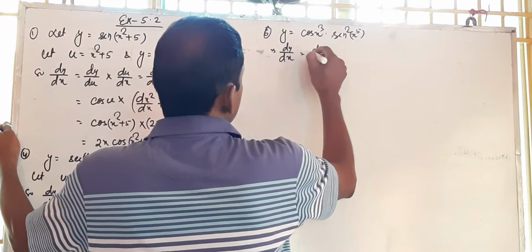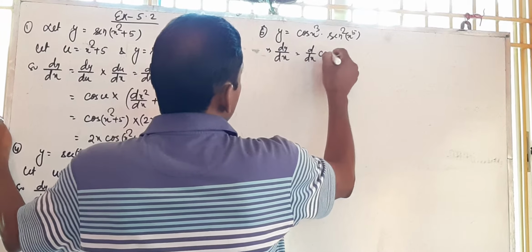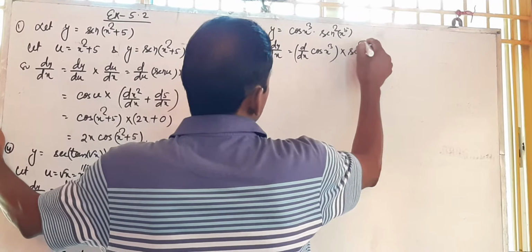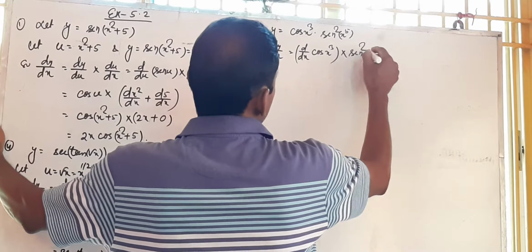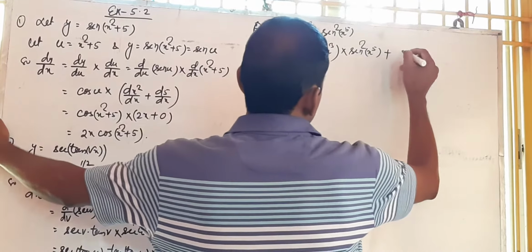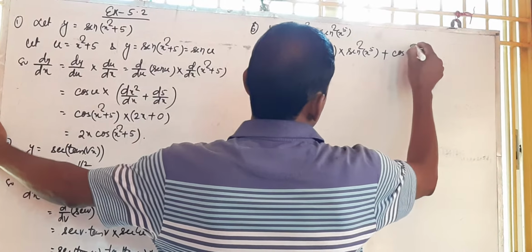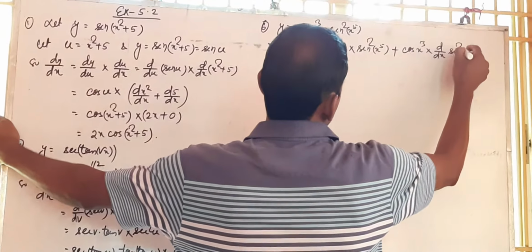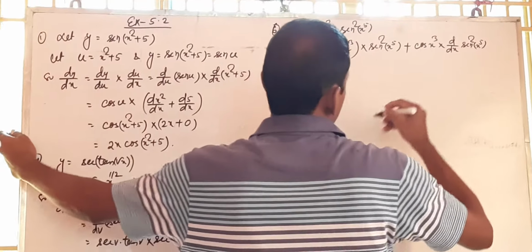So first it is d by dx of the first function into the second function, plus the first function into the derivative of the second function.